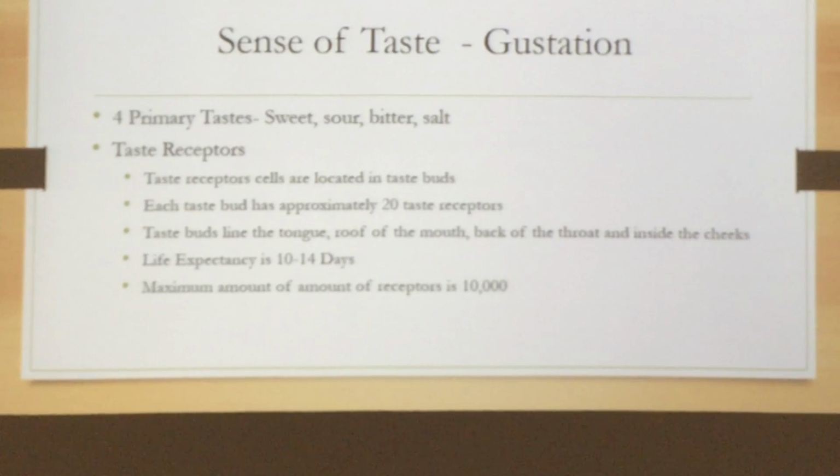The maximum amount of receptors that we will ever have is 10,000. And that's when you're a child. As you get older, you'll be losing the ability to reproduce them at the rate that you were as a child.